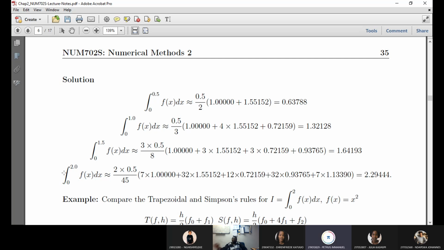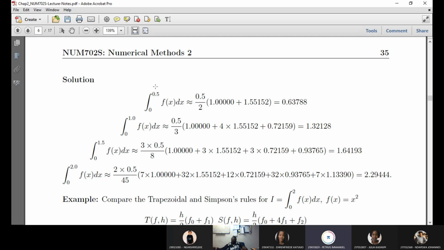Now, if you want to compare, because I told you that we cannot compare these since the limits of integration are different, the efficiency of the trapezoidal rule compared to Simpson or vice versa, we need to keep the same interval. The best way for us to do that will be to use what we will call later on the composite rule.